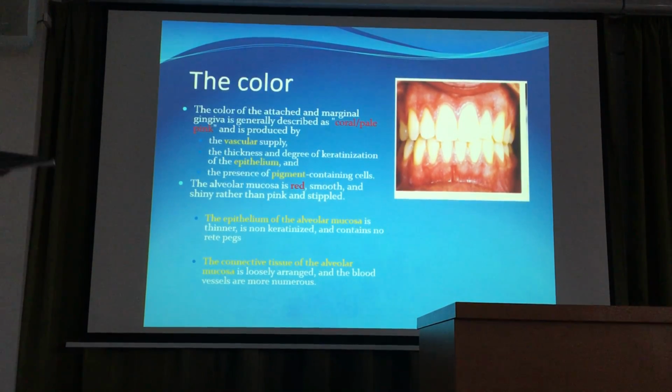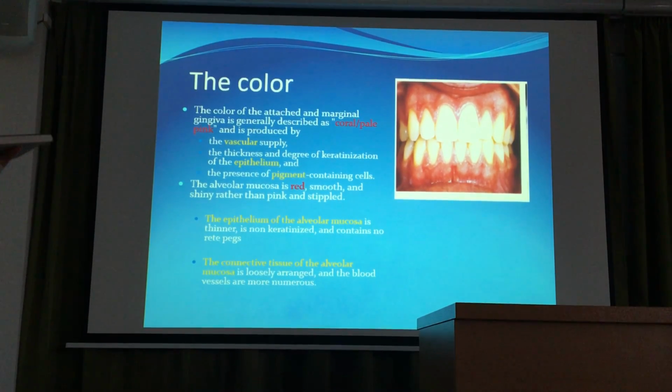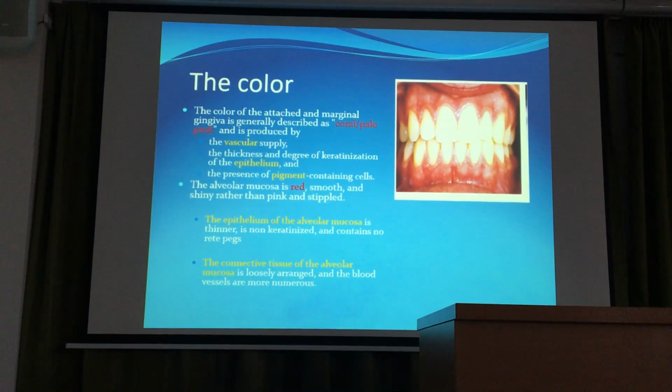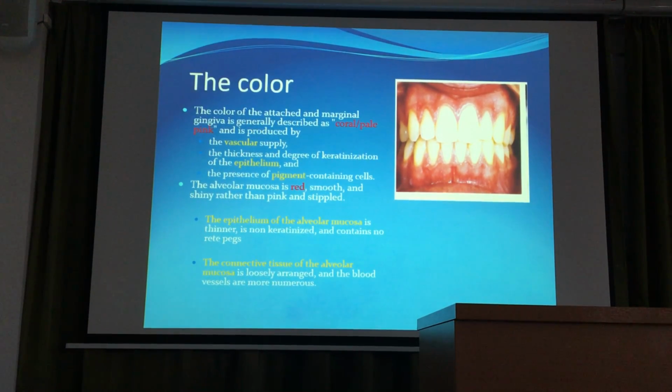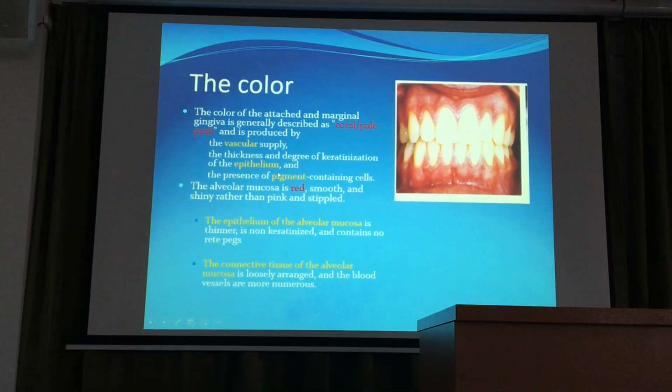Okay, the color. The color is also very informative. We know that the normal color of the gingiva is pale pink or coral pink. But during the inflammation process, it becomes much more reddish, okay? The color is strongly influenced by the vascular supply, of course, and the keratinization level, and sometimes you have to know that the gingiva contains some pigmentation as well, okay?